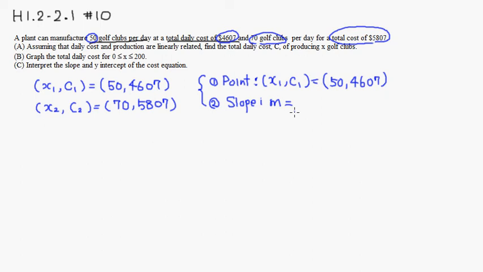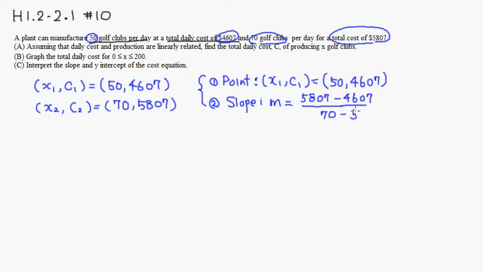By the slope formula, C2, which is 5,807, minus C1, which is 4,607, divided by X2, which is 70, minus X1, which is 50.